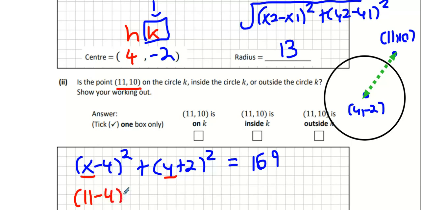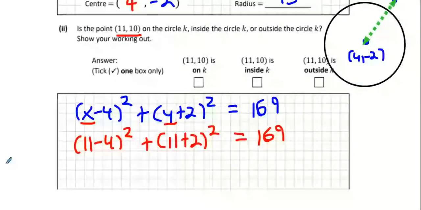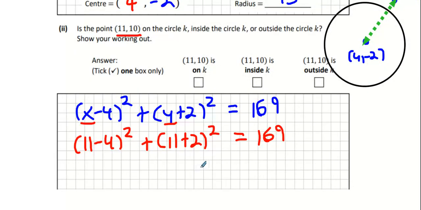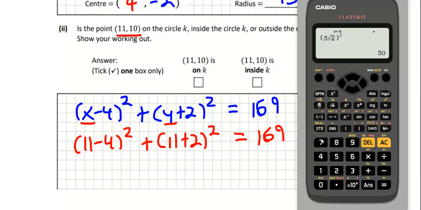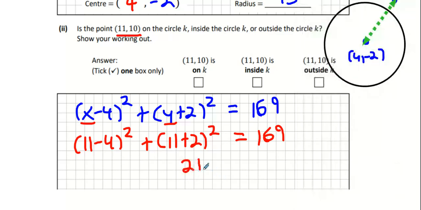And if it balances, it's on the line. If it's smaller, it's inside. And if it equals, it's on. So it's going to be 7 squared plus 13 squared, which is going to be bigger. It's well outside. Oh, 11 and 10, sorry, my bad.